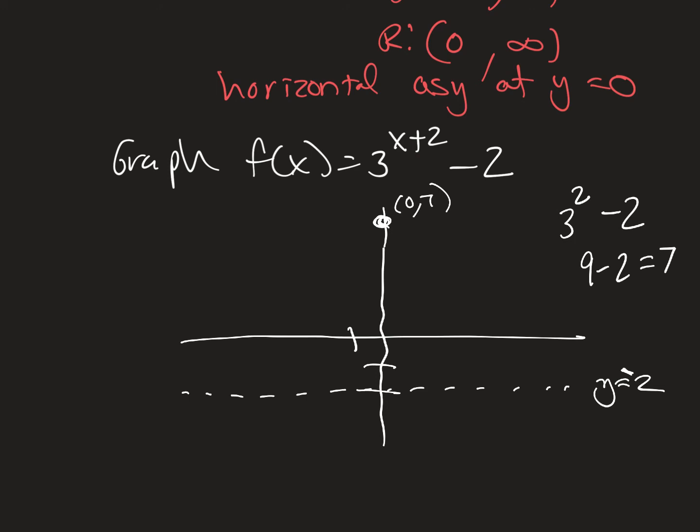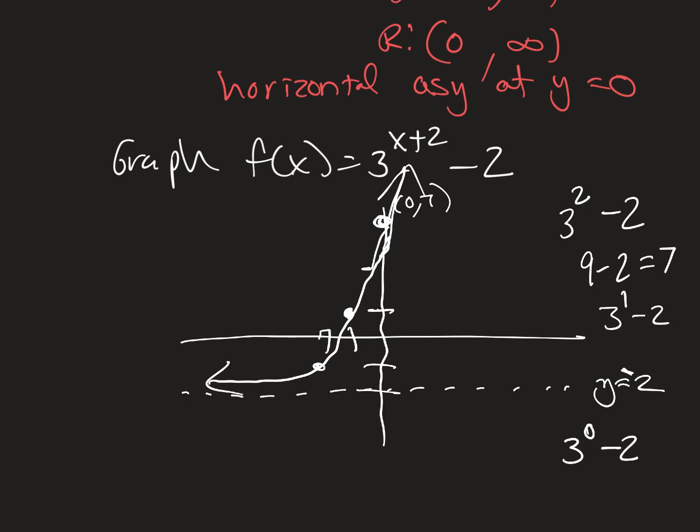If I plug in -1, I get 3 to the 1 minus 2, which is going to be 1. So at -1, I'm going to be at 1. If I plug in -2, I get 3 to the 0, which is 1, minus 2, which is -1. So the graph is looking like that.